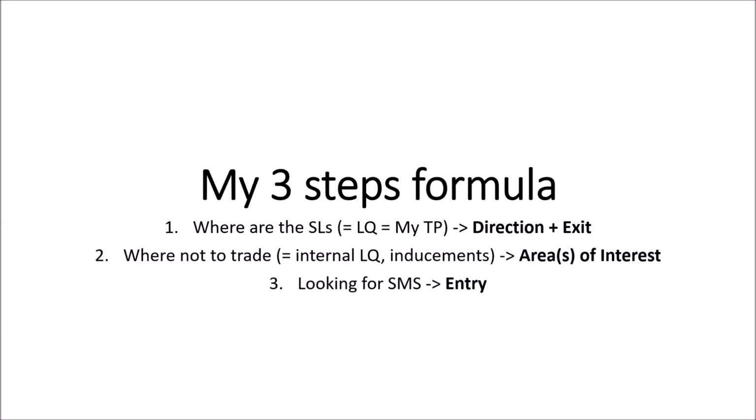So I look at areas where I don't want to trade first. So internal liquidity and the inducement. And when I know this, it gives me my areas where I want to trade. And once I know the direction I want to trade and where I want to trade, then I look for an entry.